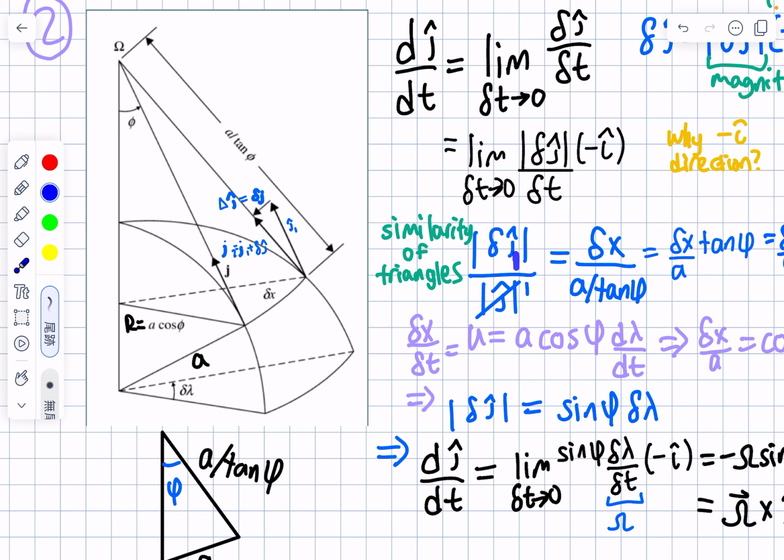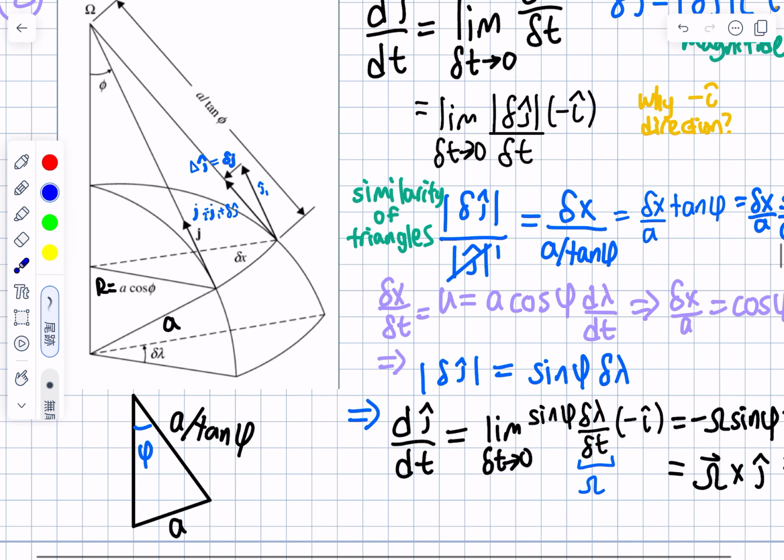This is referring to dj1. So you have this over this, and then that will be equal to this part, because you can see they're kind of the same direction, divided by this part. So here we had this over this, now we have this over this. And we also know that the magnitude of j is just equal to 1 because it's a unit vector.